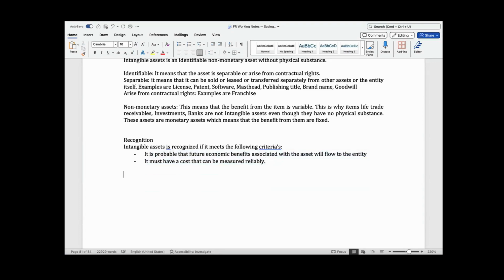Almost the same thing I've mentioned for PPE in terms of recognition applies the same for intangible assets. Now, when it comes to recognition, we need to also then move straight to measurement.